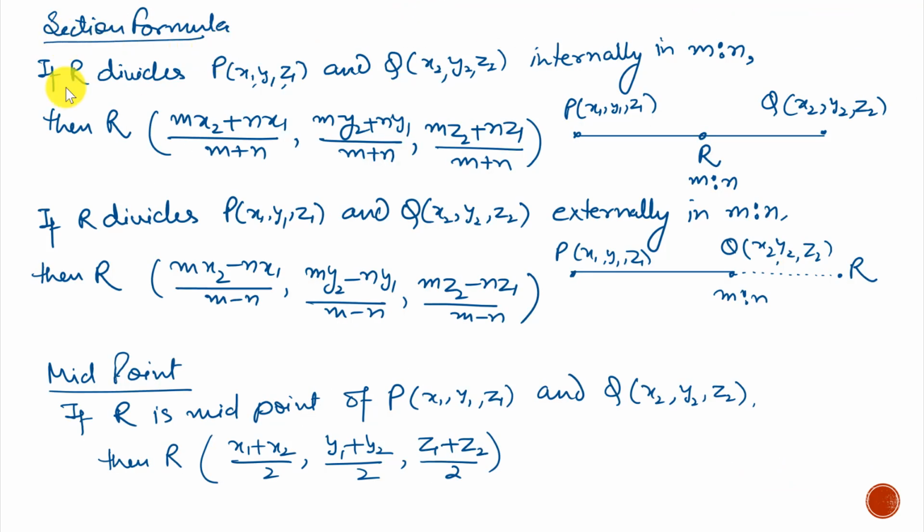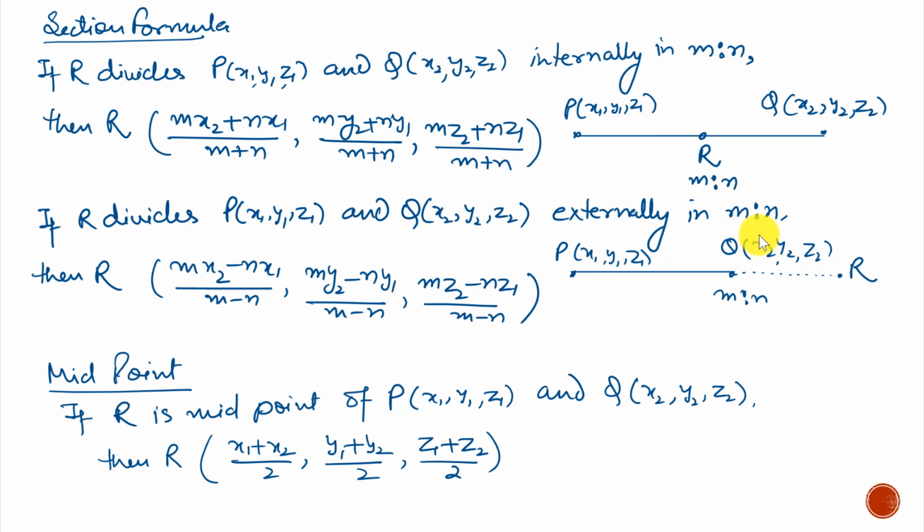Next is the section formula. If R divides P(x1, y1, z1) and Q(x2, y2, z2) internally in the ratio m is to n, then the coordinates of R are (mx2 plus nx1) divided by (m plus n), comma, (my2 plus ny1) divided by (m plus n), comma, (mz2 plus nz1) divided by (m plus n).